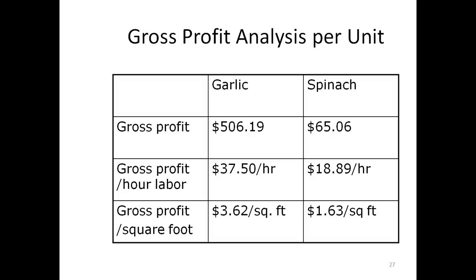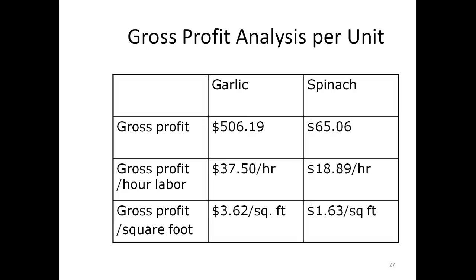So we take the $506 divided by 13.5, and we get $37.50 per hour of return on investment on the garlic. Now we look at the spinach side of it: $65.06 is the gross profit, and it was three and a half hours of labor time. So you get a return on your labor of $18.89.